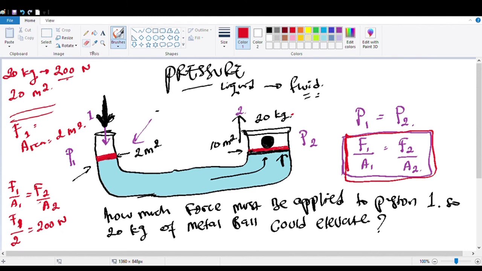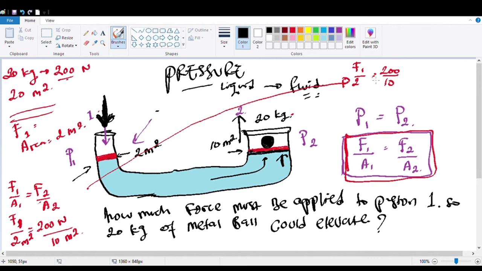So, 200 Newton, over the area of 10 meters square, right? I write here F1 over 2 equals 200 over 10.